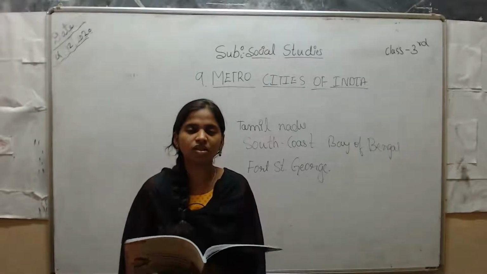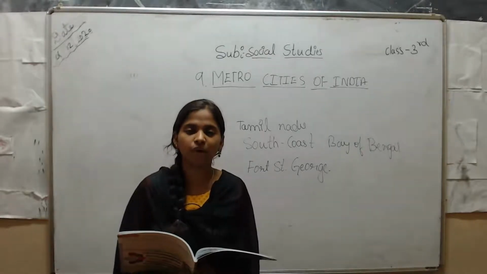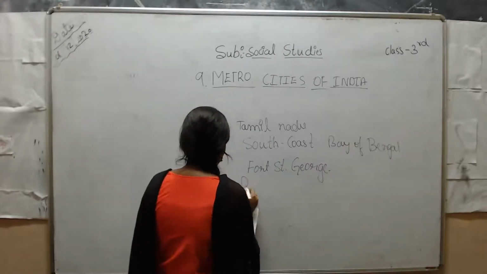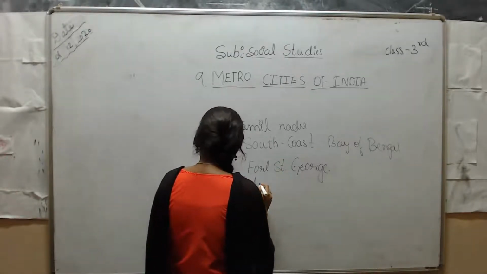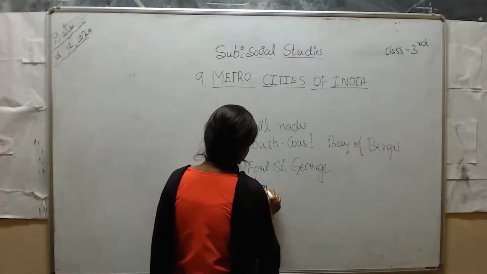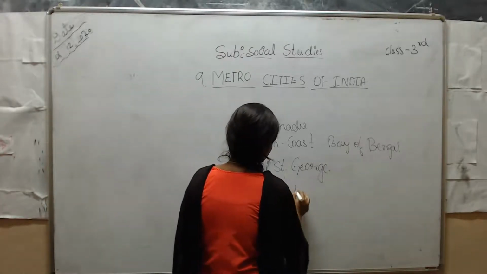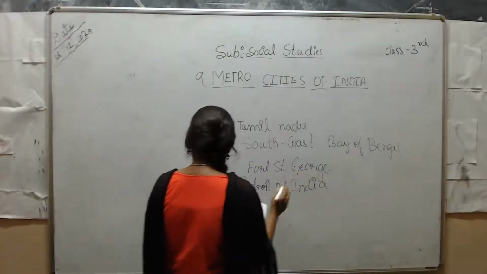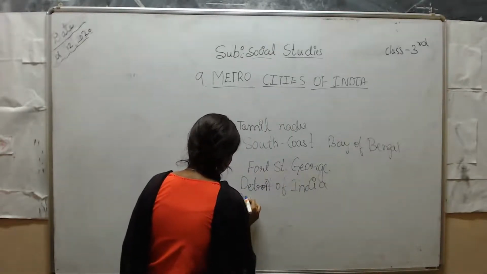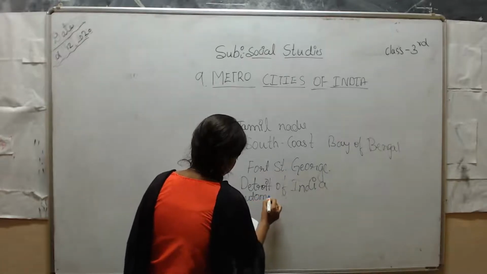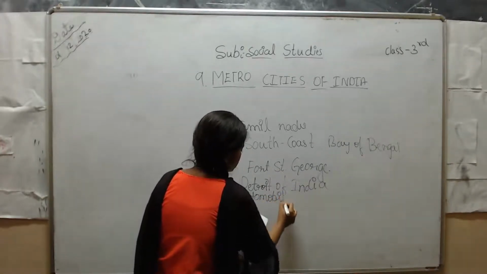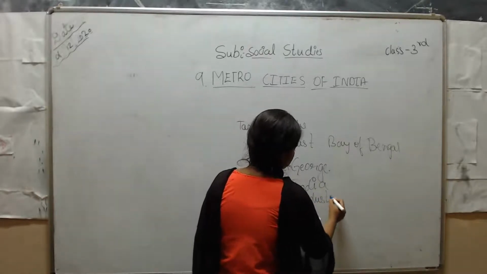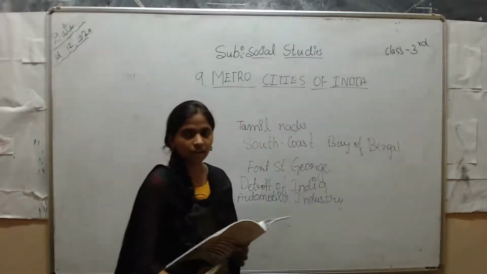So this city is famous for automobiles, hence there is one more name for this city, Detroit of India, because of the successful automobile industry present here in Chennai city.